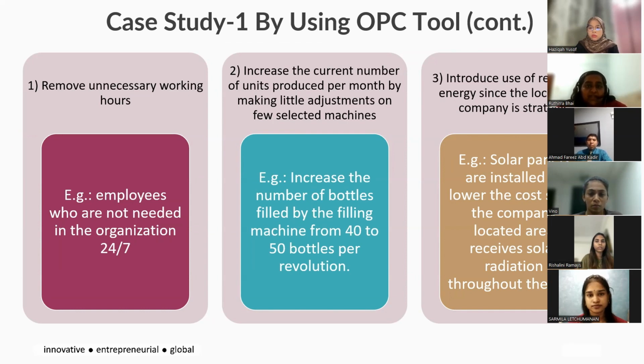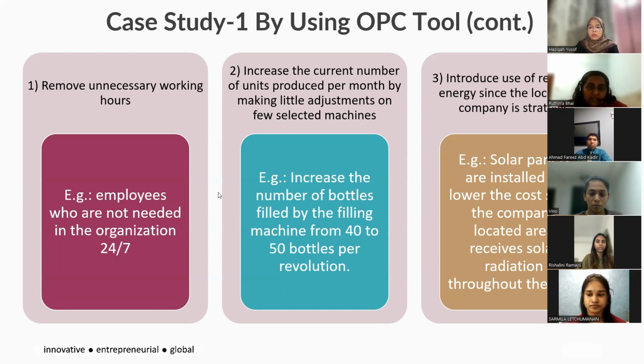The second thing they did was to increase the number of units produced per month by making little adjustments in the machine setting. For example, they raised the machine revolution from 40 to 50 bottles. The third thing they did was introduce the use of natural resources, renewable energy, which is solar energy, to produce the required energy for their production.